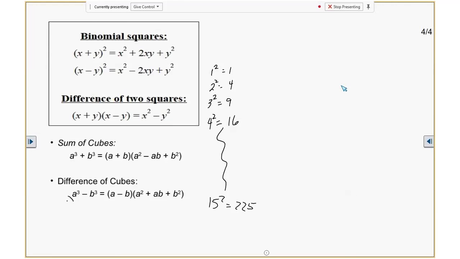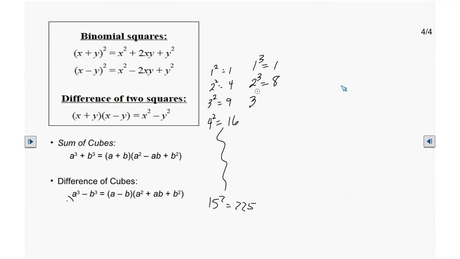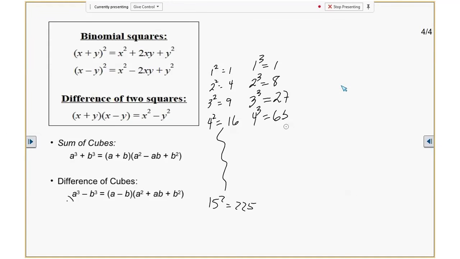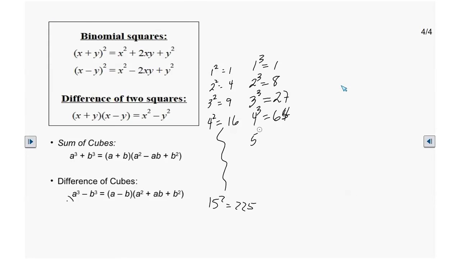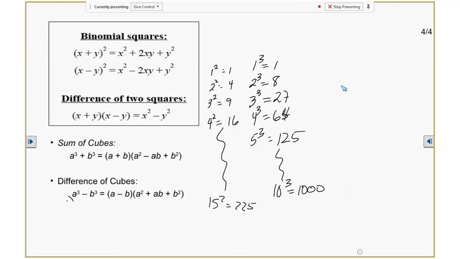Your perfect cubes. 1 cubed, 2 cubed, 3 cubed, 4 cubed, 64, 5 cubed, and so on down to 10. You need to know those. And I mean you need to know them quick.